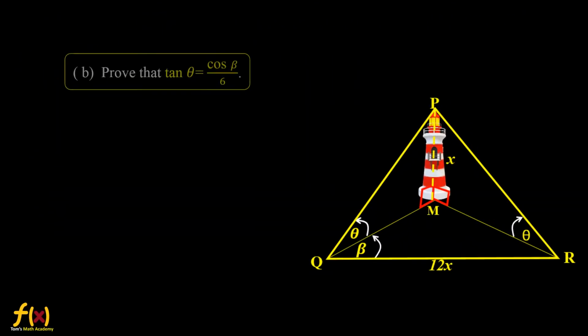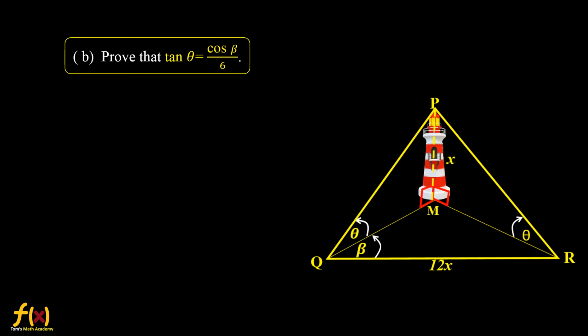Question B, prove that tan theta equals cos beta over 6. Now beta is coming into the picture. So the triangle QMR. We already have QM equal to MR. We have proved it. We use that information and we have the angle beta. QM is equal to RM.